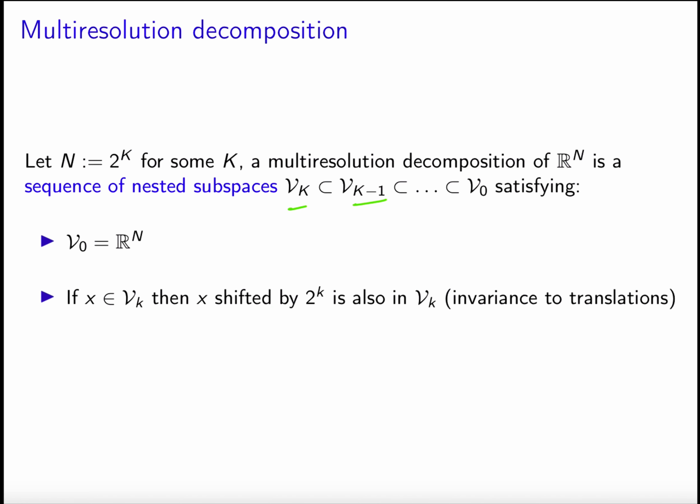What I mean is this is very fine scale, high resolution. It has all the possible information, and then the resolution is decreasing in that direction. Each of these subspaces is going to be translation invariant, in the sense that if we have a vector in the subspace and we shift it by a shift that is within the resolution of the subspace, then the vector is going to stay in the subspace.